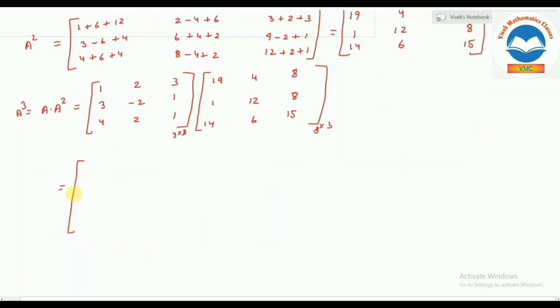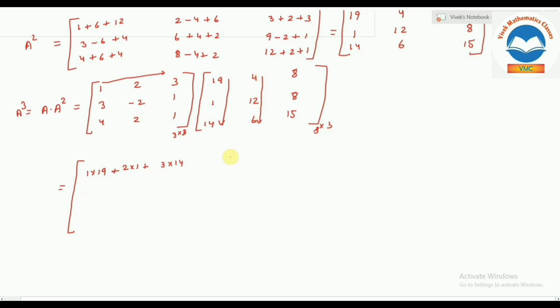So first one, if you want to find A11, you have to multiply first row and first column. First row, first column. So multiply this. What you will get? 1 into 19 plus 2 into 1 plus 3 into 14. Next A12 means first row, second column.